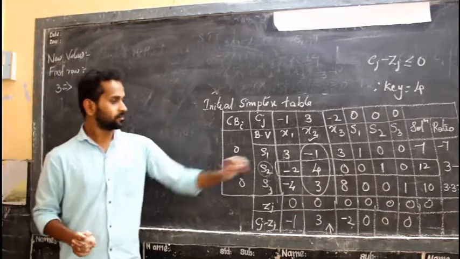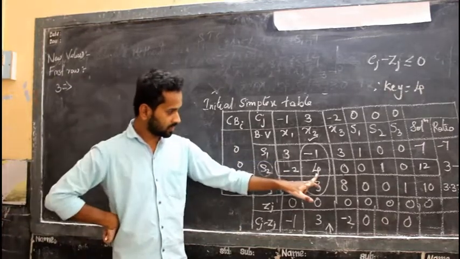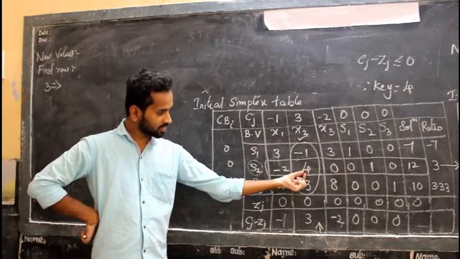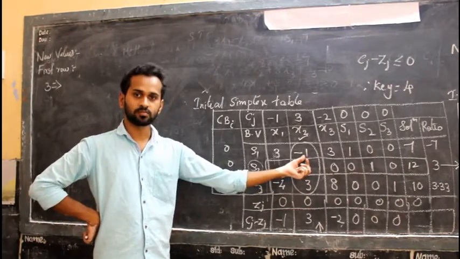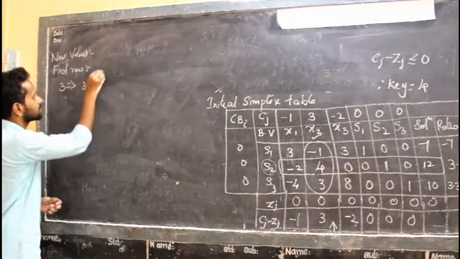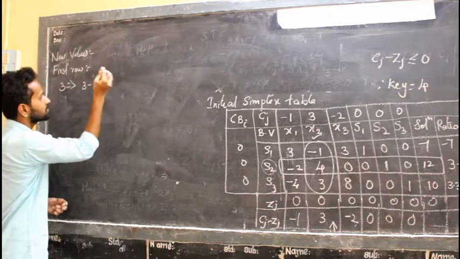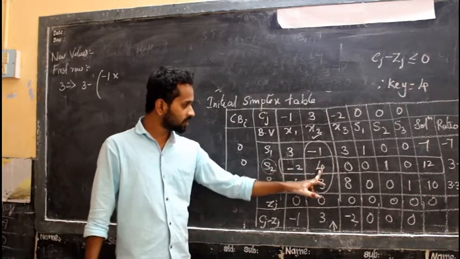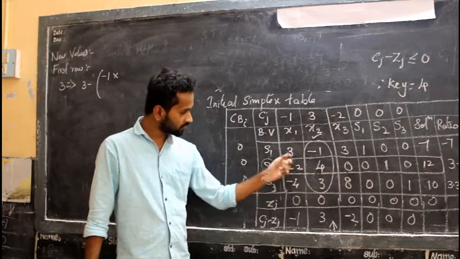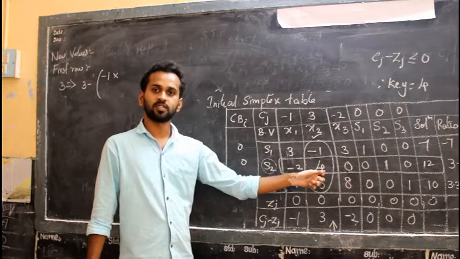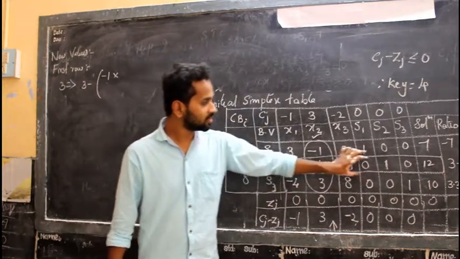So consider the 3, come back, key corresponding column value, correct? Key corresponding column value for 3 is minus 1. Is it clear? So this becomes old value is 3 minus key corresponding column value is minus 1 into key corresponding row value. For this 3, minus 2 is the key corresponding value. Corresponding row values will exist in the key row.